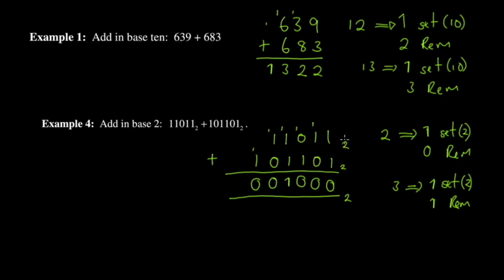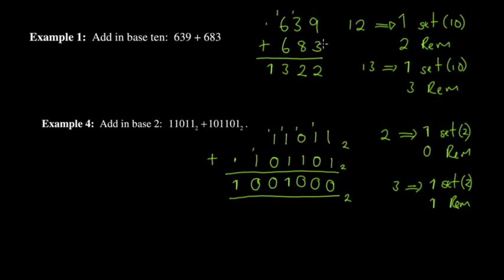So the numbers which will be permitted for our case would be 1 and 0. So here you'd say 1 plus 1, then you get 2. Then you say, okay, I have 1 set of 2 and I have 0 remainder. So I put the remainder 0 here, and then you're carrying your set to the next value here. So this one would be simply 1 plus 0, which is 1. And then you're done. Okay, this is not very difficult.